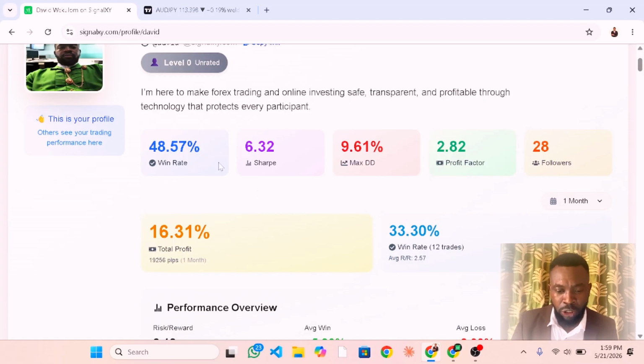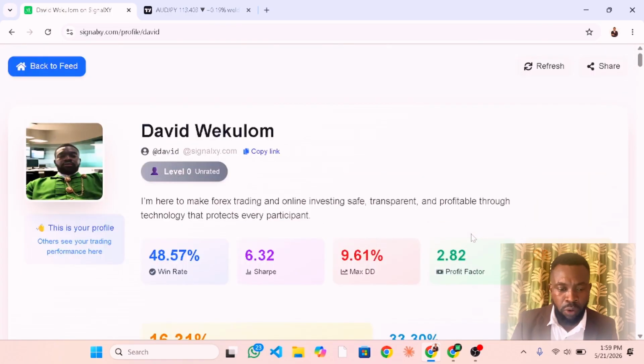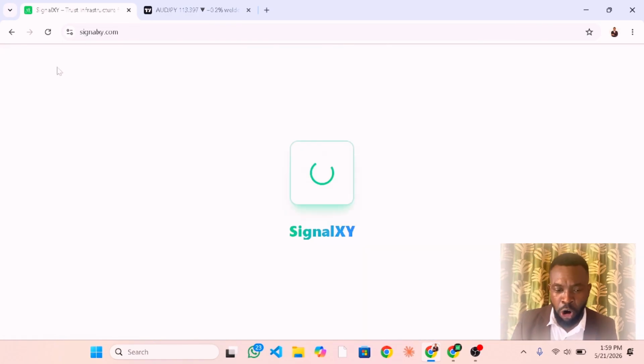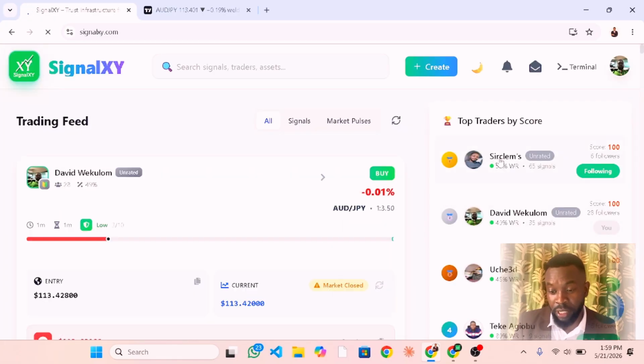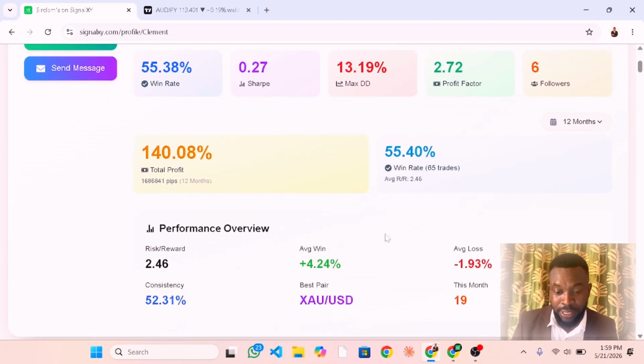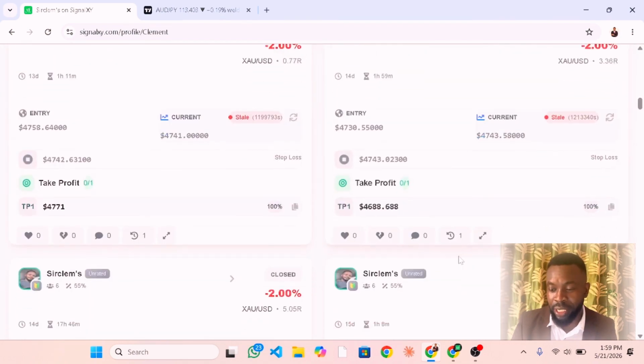You will see the drawdown risks and everything that is happening. For other traders, you will also see how they are doing. If you look at Saklem, this is one of the great traders you have. He trades only gold. Look at the kind of return that this guy has made over the past period, and you can see all his winning trades.